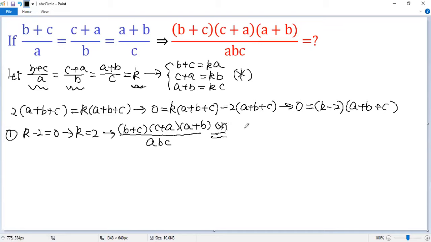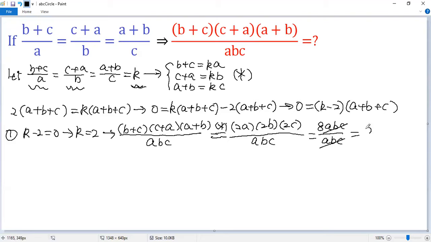Now k equals 2, so we get 2a. c plus a equals kb, k equals 2, so 2b. Similarly, a plus b equals 2c, the bottom part abc. So we get 8 times abc over abc. Cancel abc, so we get 8.